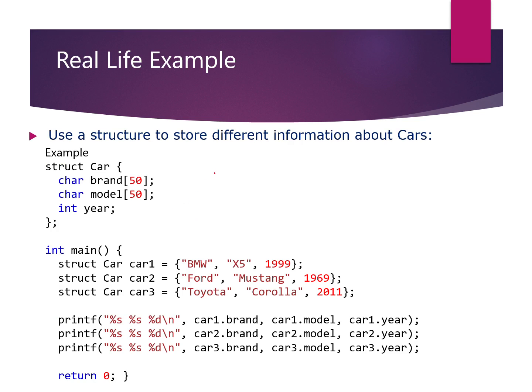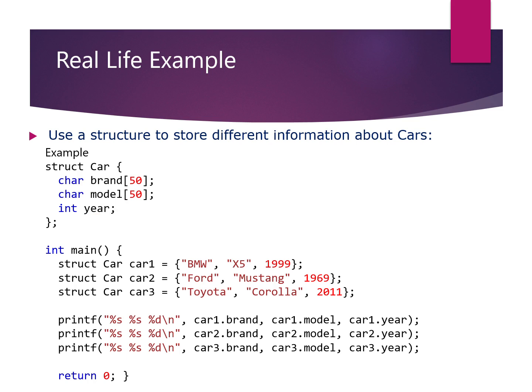So this is a real life example. For example, there was a structure called car, and it contained the brand name, the model name, and the year. I can create different instances of this single structure.